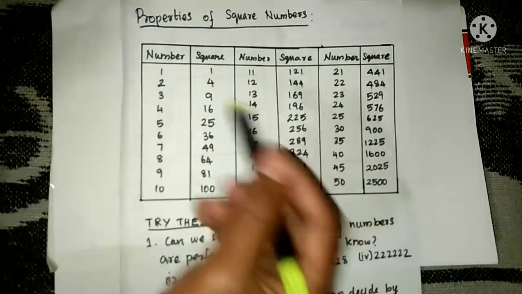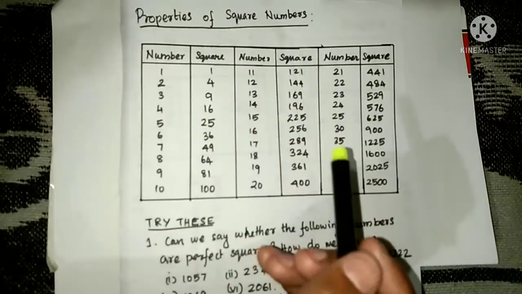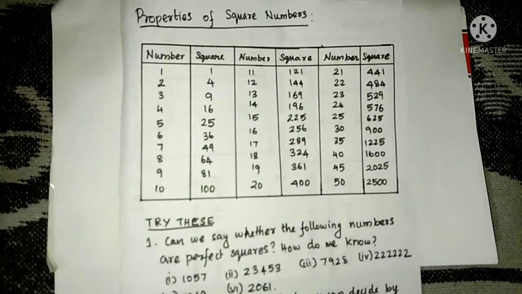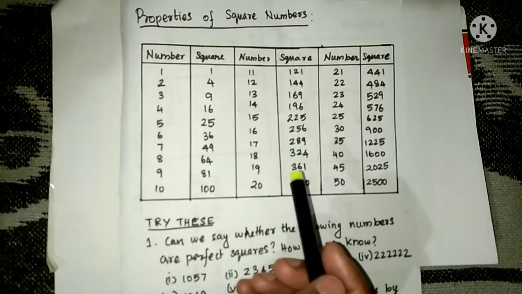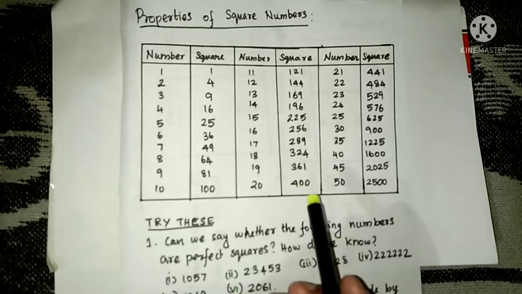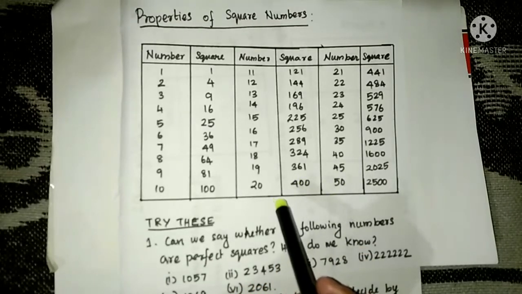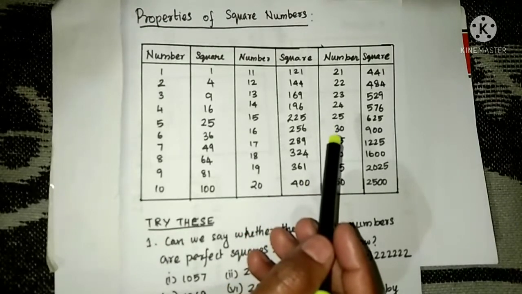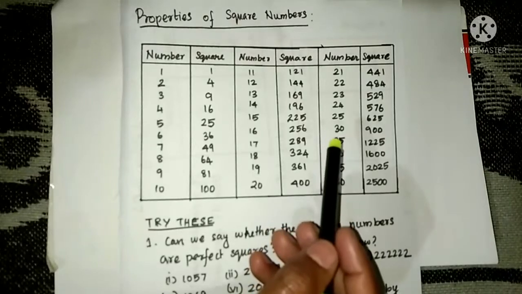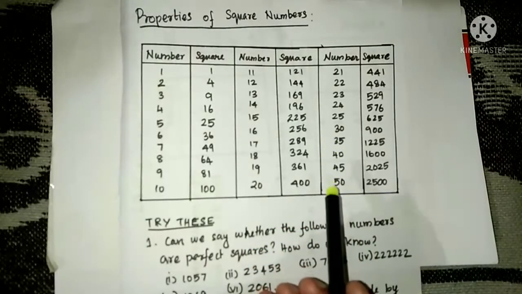Next, let us understand the properties of square numbers. This table shows the square numbers from 1 to 25, and also the squares of 30, 35, 40, 45 and 50.